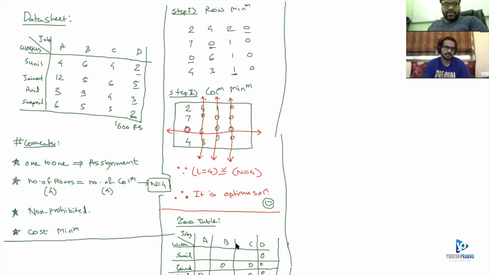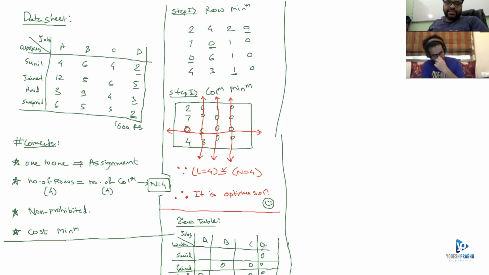Now let's assign the job. Do you remember the rule? You have to select the lonely 0. You basically want all zeros to be alone.